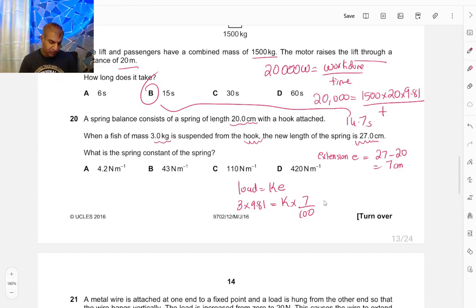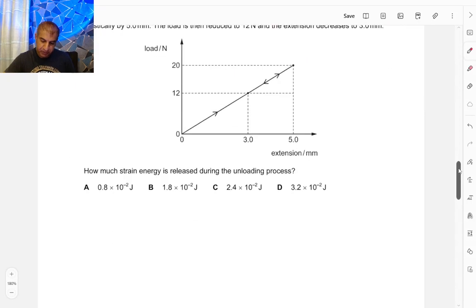Could this question really be that simple? We'll check it out. Multiply by 100 divided by 7. So I'm getting a value of 420 newton per meter. So that does it. I don't think there is anything hidden or scary about this question. So let's just move on to the next question.